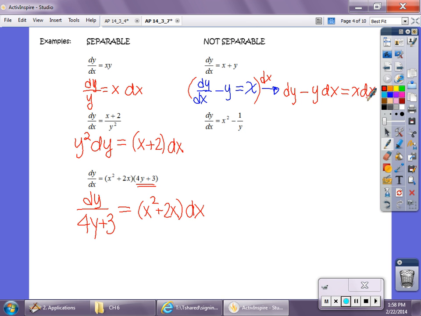And then again, you're stuck because of that. So you want to really notice that separable means that the x function and the y function, this is the function in terms of x, this is the function in terms of y, are either multiplied or divided, and that's actually what makes the problems work out.